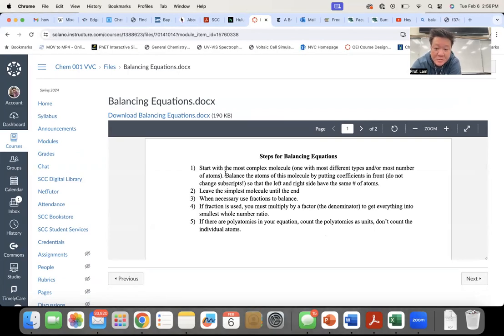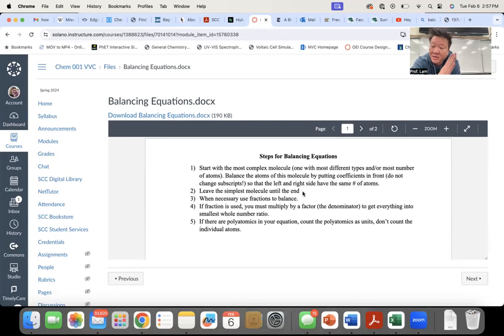So step 1, you start with the most complex molecule, which means the molecule with the most different types of atoms or the most number of atoms. You're going to balance the atoms of this molecule by putting coefficients in front. Don't change the subscripts, so that the left and the right side have the same number of atoms. Step 2, you're going to leave the simplest molecule until the end.